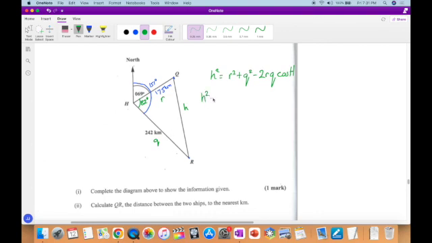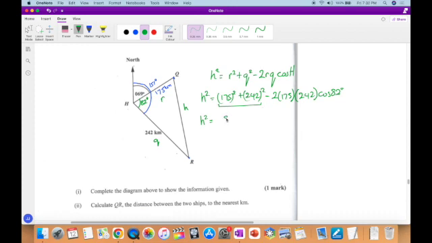So h squared is r squared, which is 175 squared, plus q, which is 242 squared, minus 2 times 175 times 242 times the cosine of 82 degrees. So you have to be real careful with this. I'm going to work this one out first.